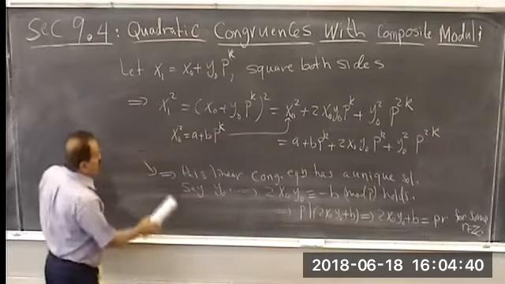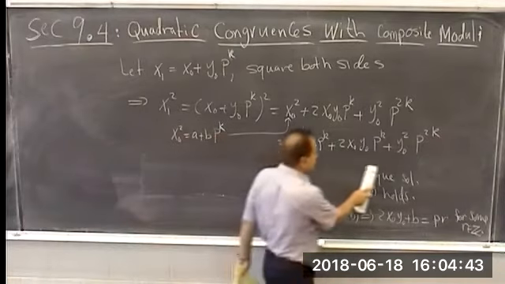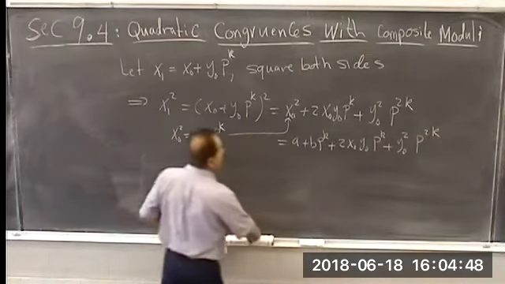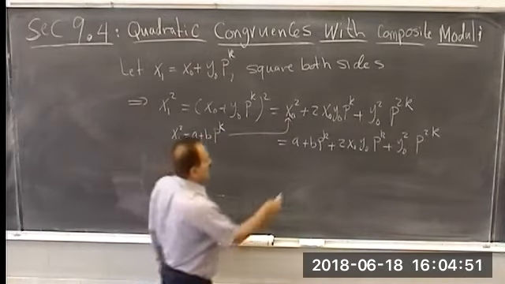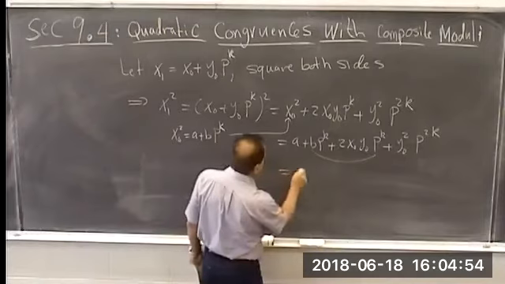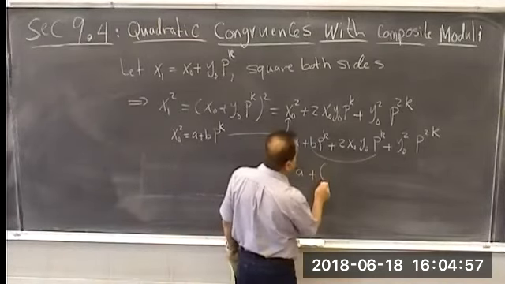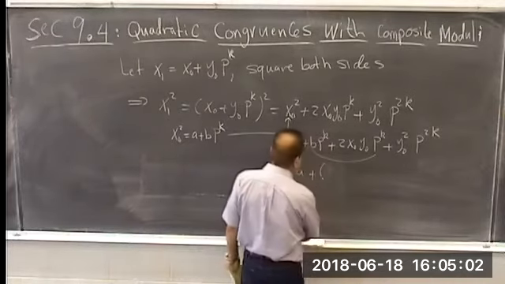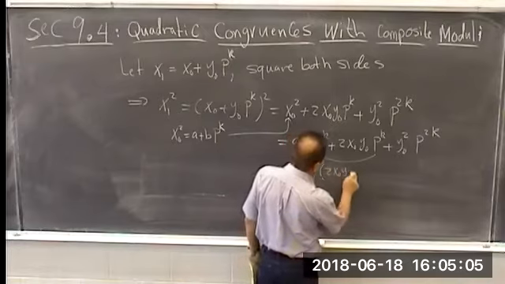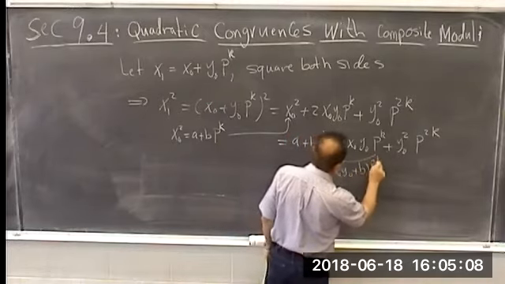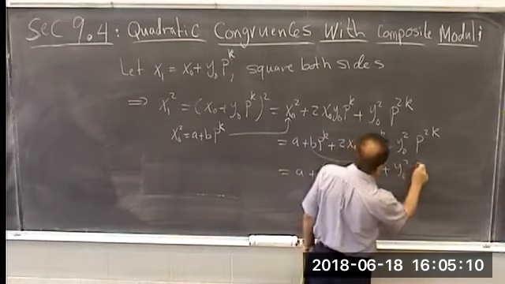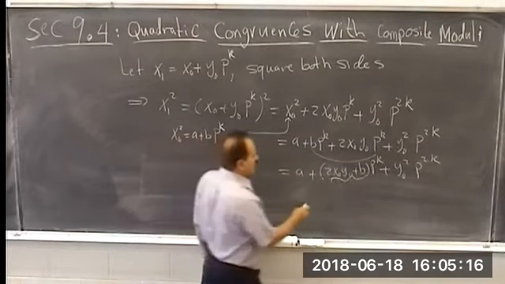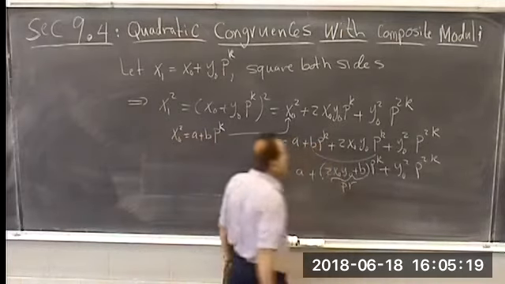I think I'm going to do one more substitution. First of all, we're going to combine these together. Let me put the 2 x0 y0 first, plus b, times p to the k, plus y0 squared p to the 2k. Now this quantity, remember, is equal to pr.